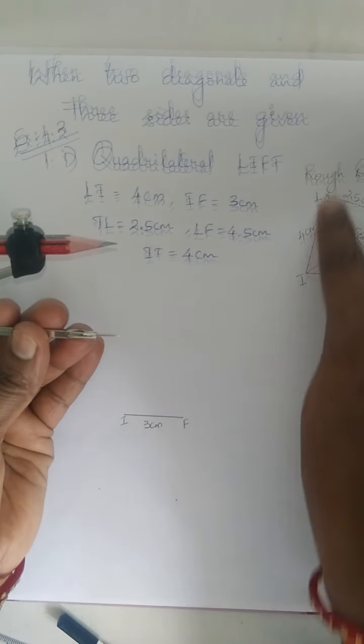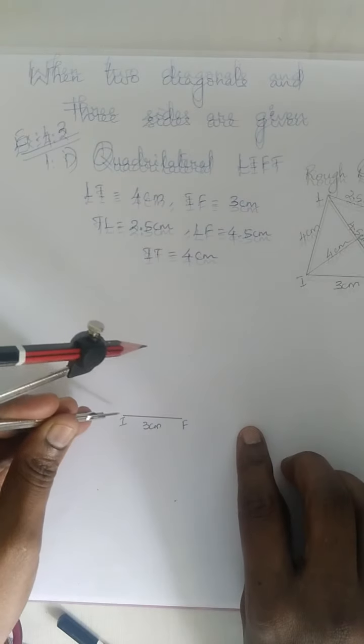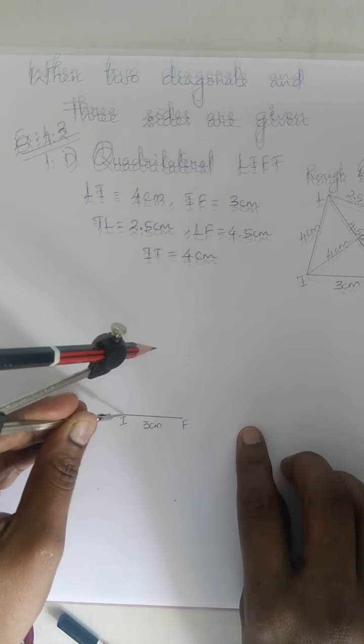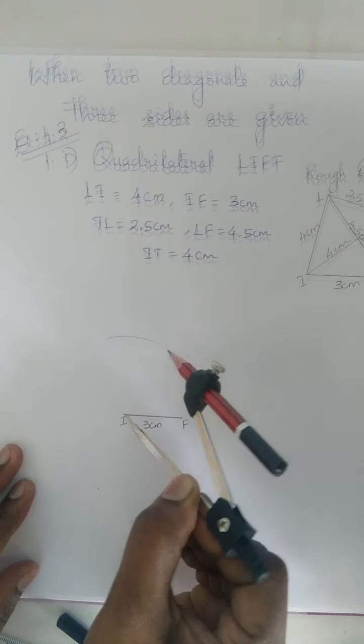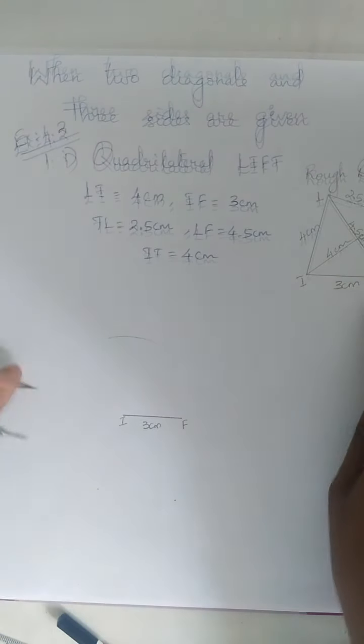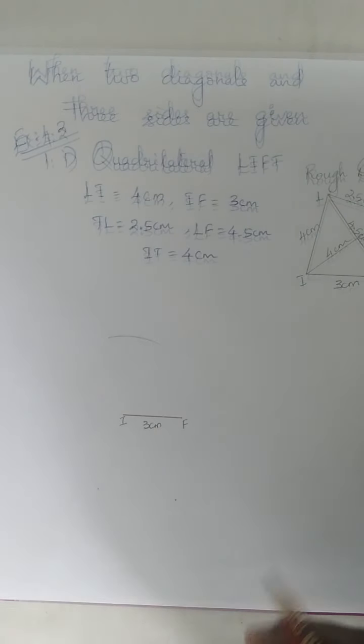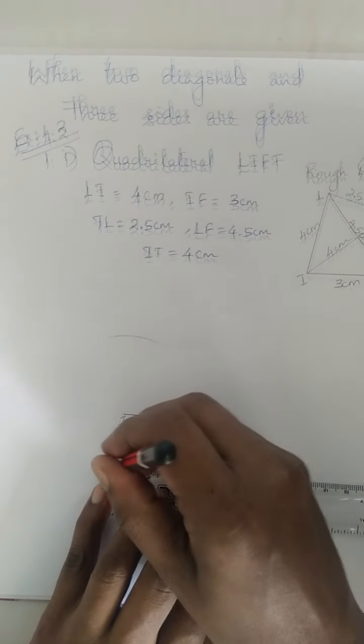Now we are going to construct IL, that is from I. So on I, you keep the pointer of the compass on I and make an arc. This is 4 centimeter. Then from F 4.5 you should make.